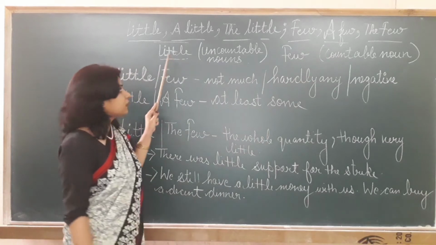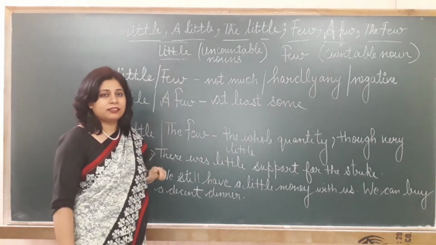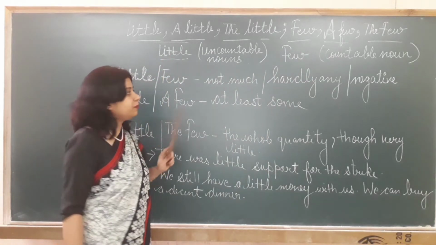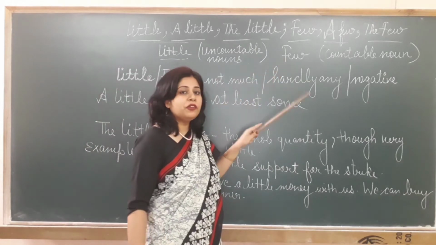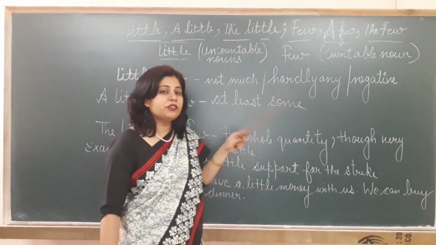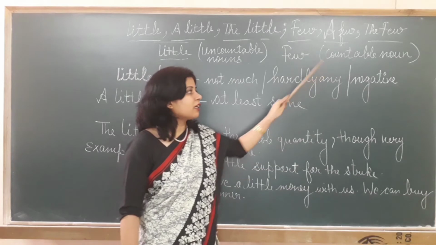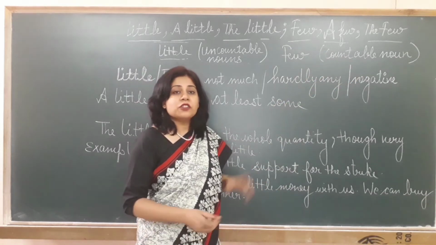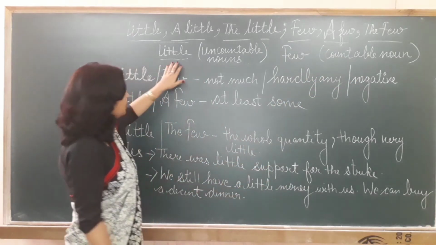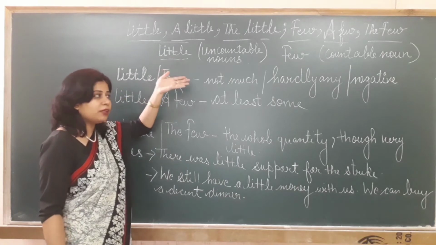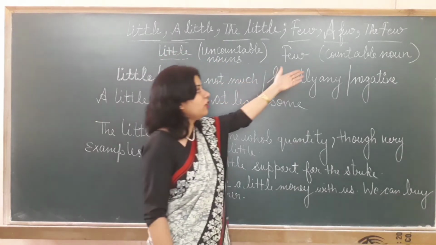For example, little milk. Milk is uncountable. Few trees or a few trees. Trees are countable. So till now it is clear that little is used before uncountable nouns and few is used before countable nouns.